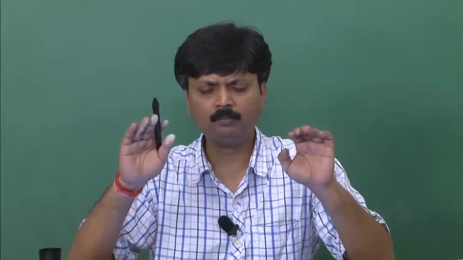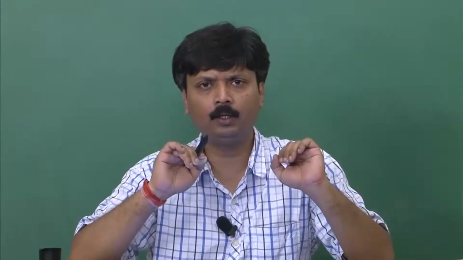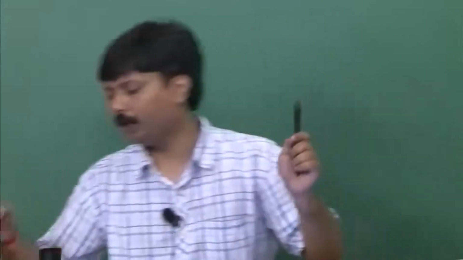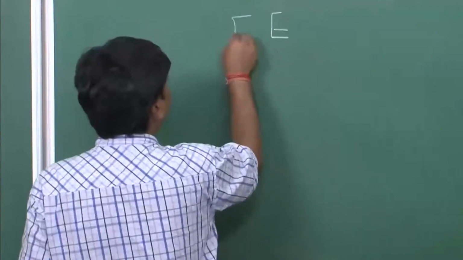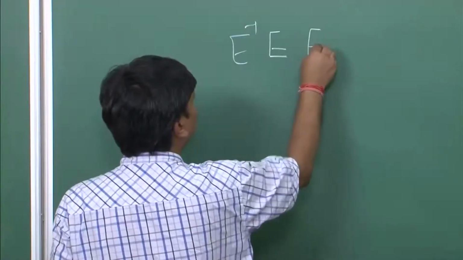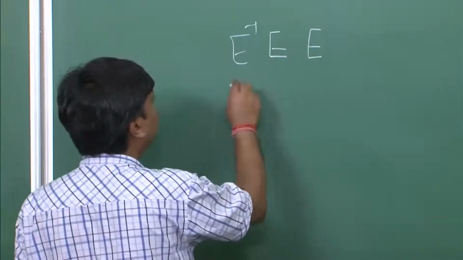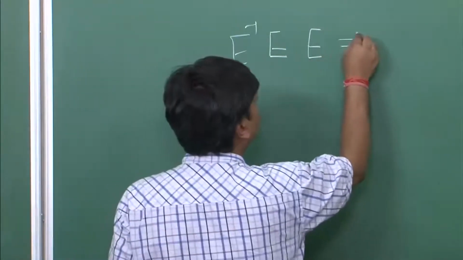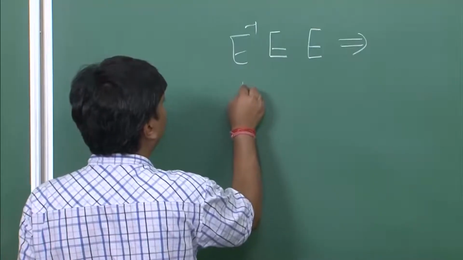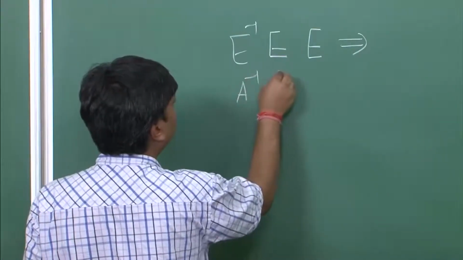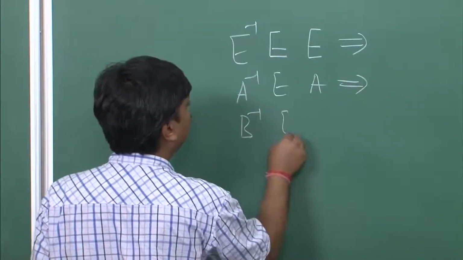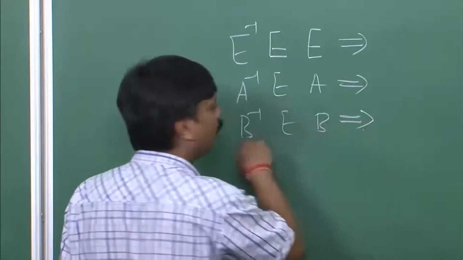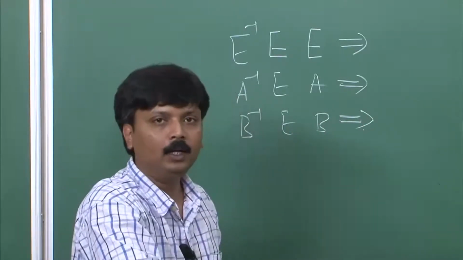For example, suppose you start with the element E. You take E and keep doing the similarity transformation using all the elements that are present in this group. So you get one answer here. Then you do A inverse E A, you get another one, then B inverse E B, and you keep doing this until you reach the last element of the group.